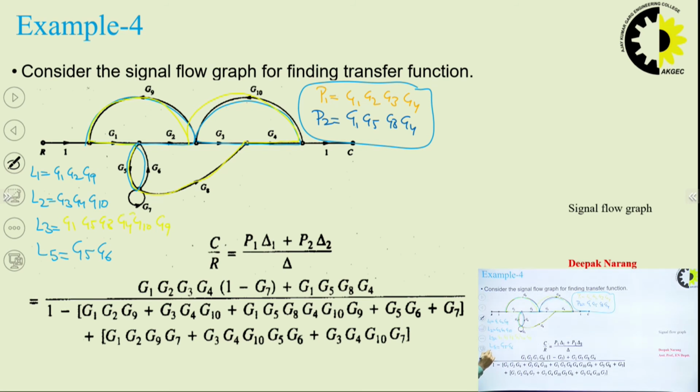And the last is L6, this self loop, which is G7. So we have obtained the forward paths and the loops.